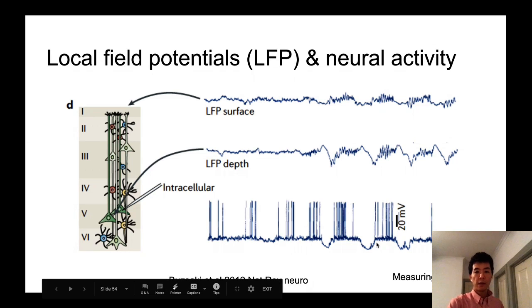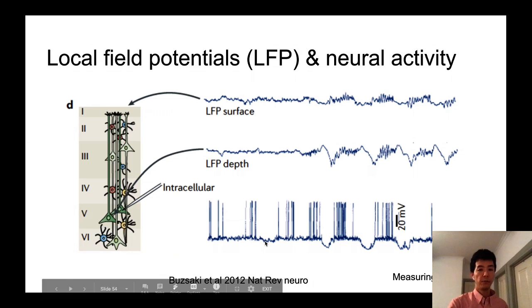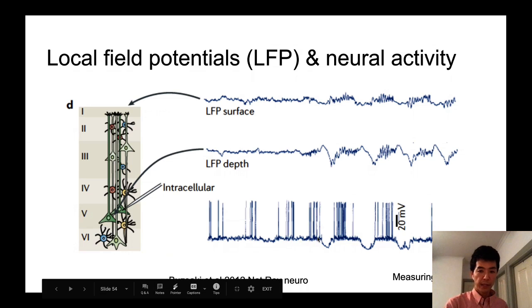And then here, the fluctuation of this intracellular membrane potential that doesn't generate spikes reflects the input into the neuron, which is still below the threshold for spikes. So you'll see there are lots of spikes here, followed by a reduction of the membrane potential, during which it doesn't fire at all.